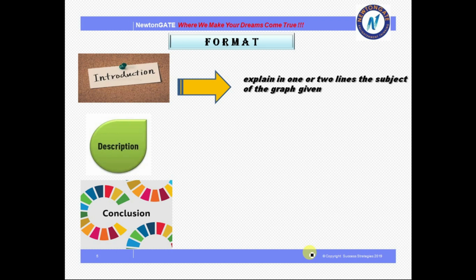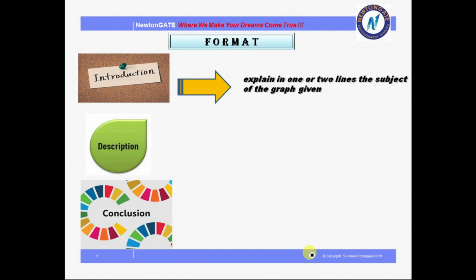It should be like an opening paragraph that introduces the reader to the context. So we should give the introduction in at least one or two lines that will elaborate the subject of the given graph.